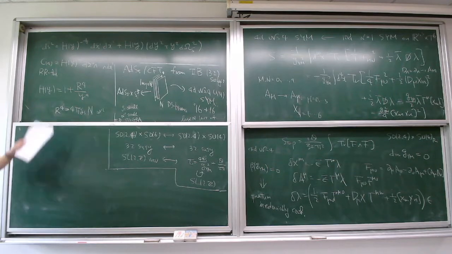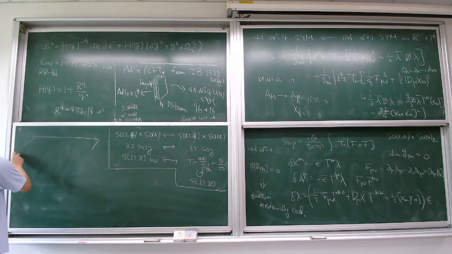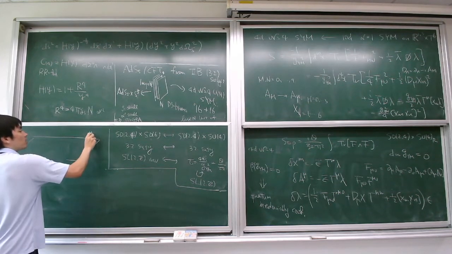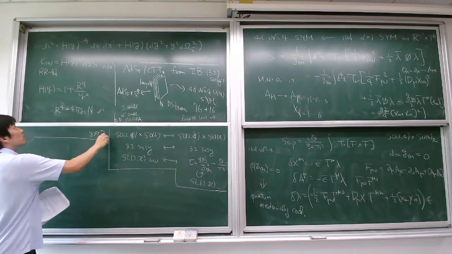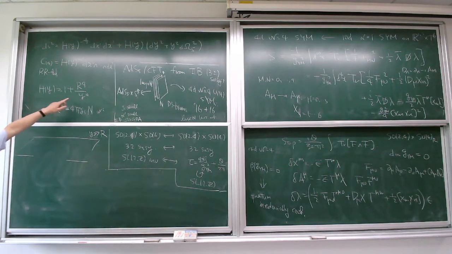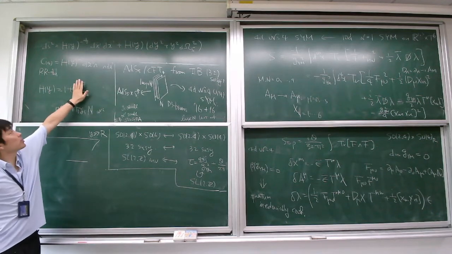And if you look at this metric, it takes the following form. So y goes to very big. Of course, if y is very big, you can ignore this term.